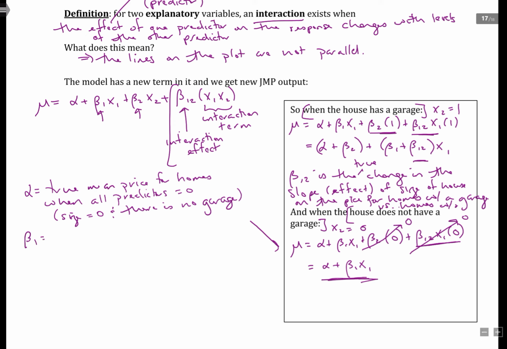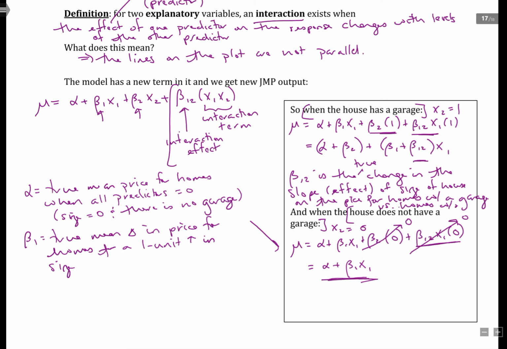Beta 1 is the true mean change in price for homes for a 1 unit increase in size. Well, where do we see beta 1?